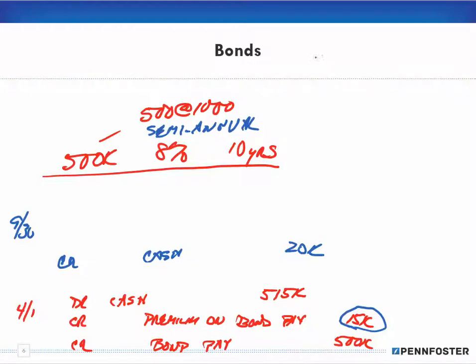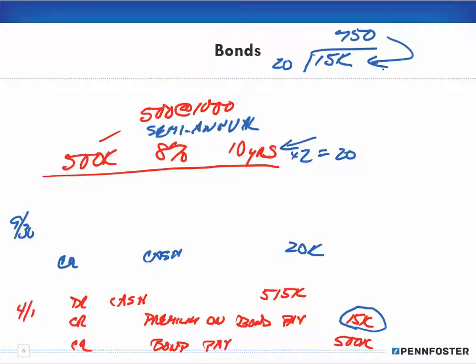So if I have this premium for 15,000, okay, and remember, I'm amortizing this interest. So over the course of 10 years, if there's two payments a year, that means I'm going to have 20 payments. So I divide the 15,000 by 20, and I end up with $750 of amortization against that 15,000.